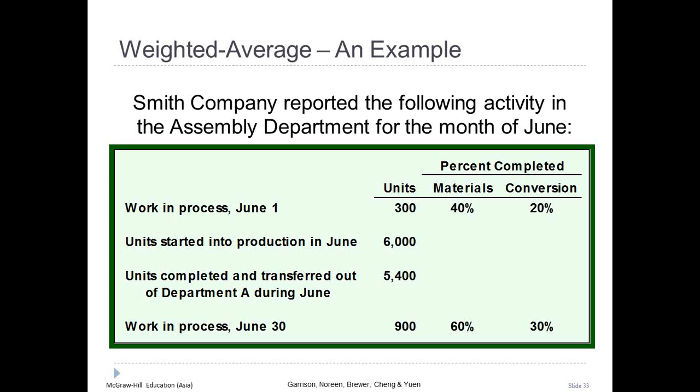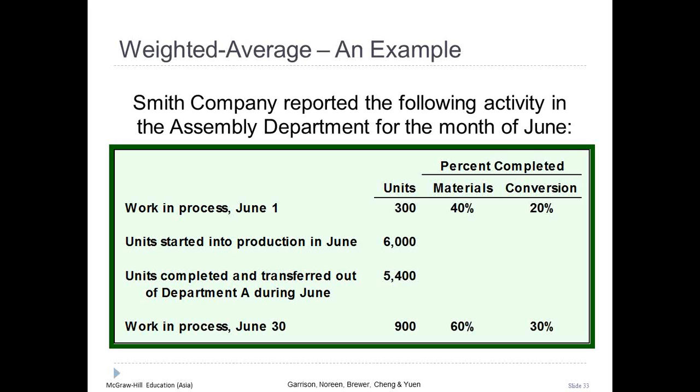During the month, the department started 6,000 units into production. During the month, 5,400 units were transferred out to the next department. At the end of June, the department had 900 units, 60% complete as to materials and 30% complete as to conversion.